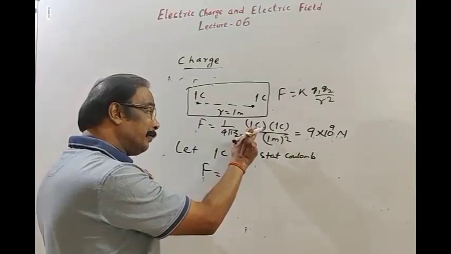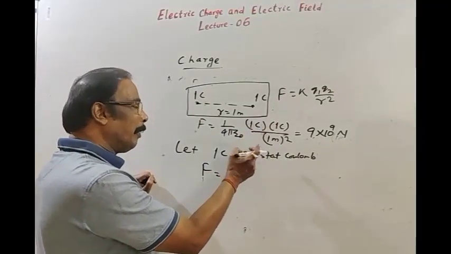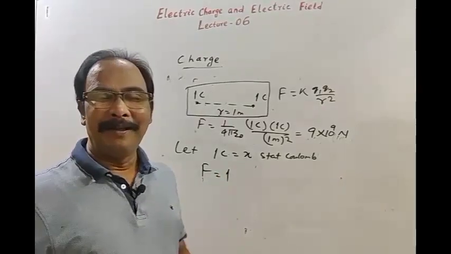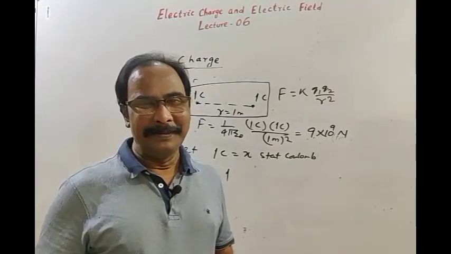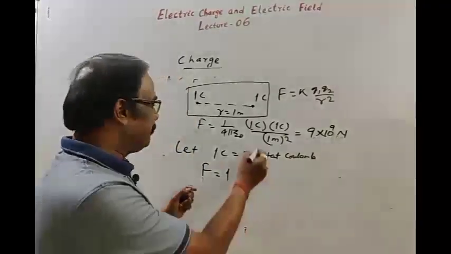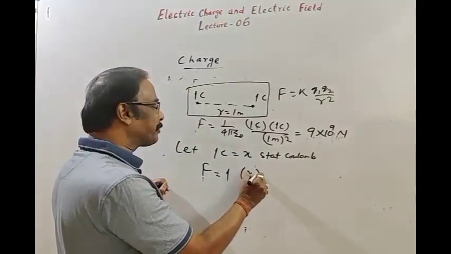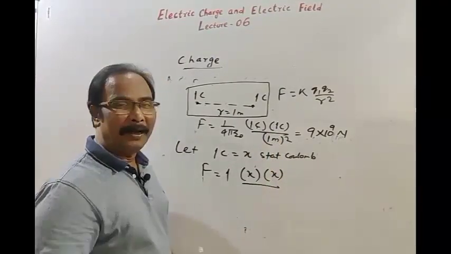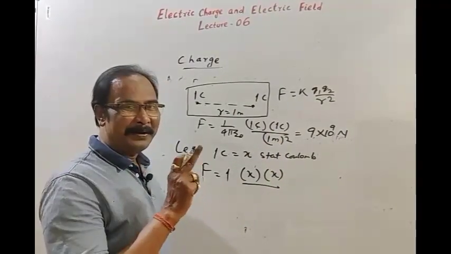To convert Coulomb into stat Coulomb or ESU of charge, we have assumed that 1 Coulomb is x stat Coulomb. In place of 1 Coulomb, I can write x stat Coulomb, again 1 Coulomb as x stat Coulomb, divided by 1 meter square.